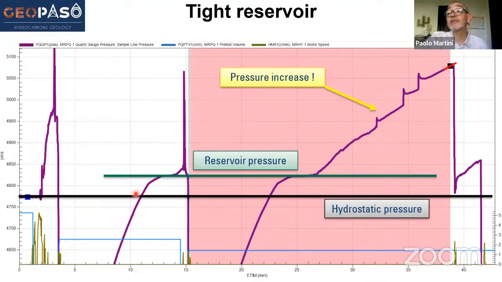Also, you can see that if the engineer had kept recording pressure, the pressure was still growing. I don't know until which value it would have gone.